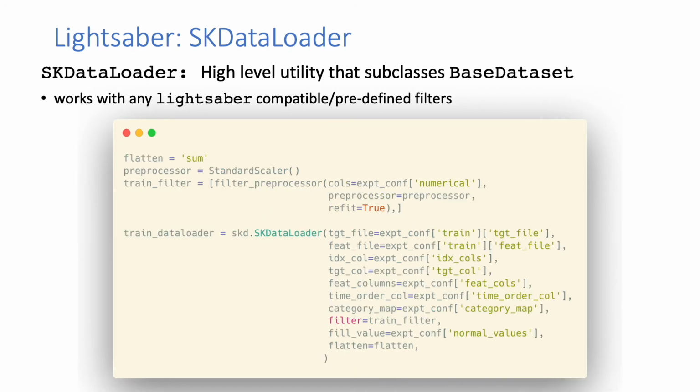Here you see an example where we create a training data loader where we only add certain scikit-learn preprocessors. In this case, we just use a standard scaler. But typically, we can use any number of such scalers. And here you see we use sum to flatten our temporal data.